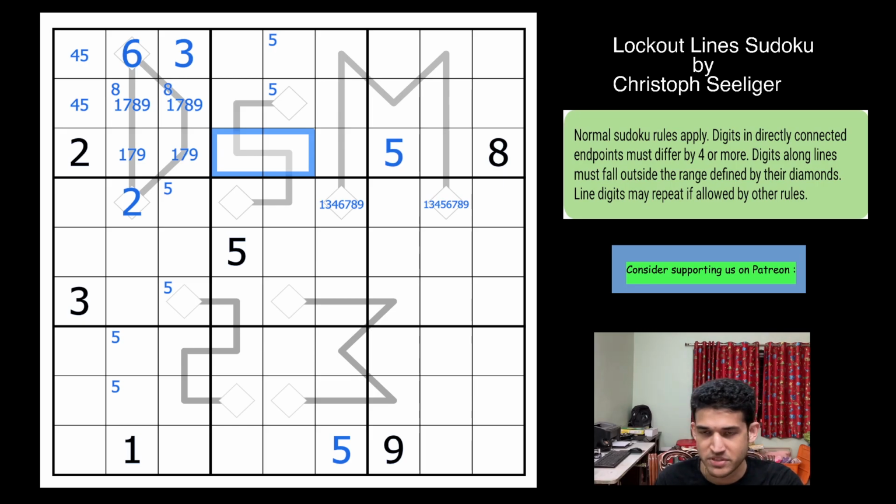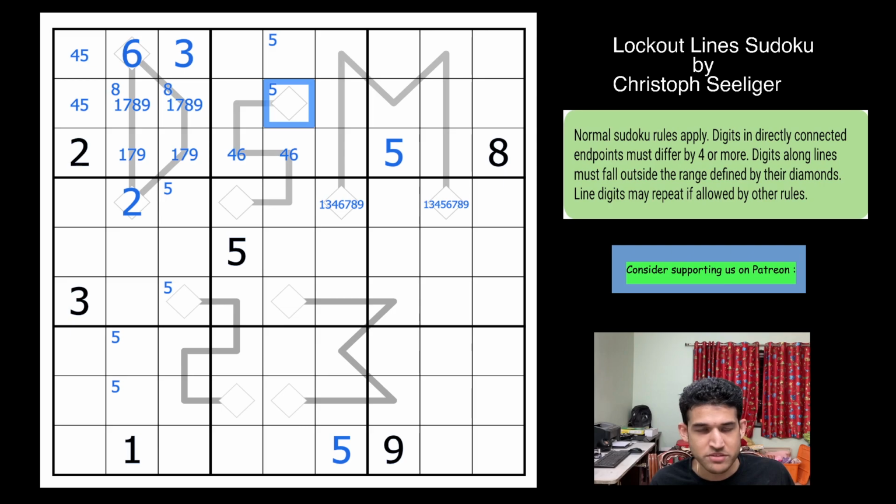I just realized something. You cannot have both 4 and 6 in a single line. Because I said at the start that when you have a 4 or a 6, there must be a 5. But when you have both 4 and 6, there is no way you can bound both of these. I mean, put the digits in such a way that these are out of bounds. Let's say we have both 4, 6 here.